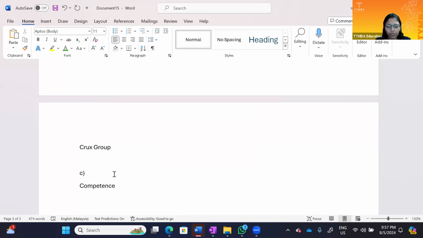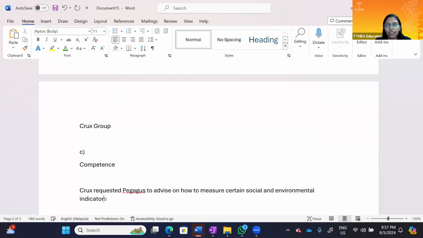First of all, we want to say Crooks requested Pegasus to advise on how to measure certain social and environmental indicators, which are actually the KPIs.